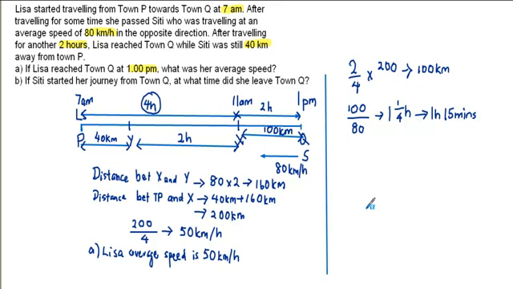Now if Lisa and Cici pass each other at point X at 11 a.m., let us now draw another simple timeline to find out the time when Cici started traveling from town Q. So we'll have another timeline.